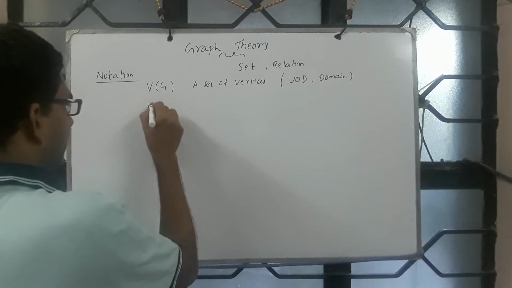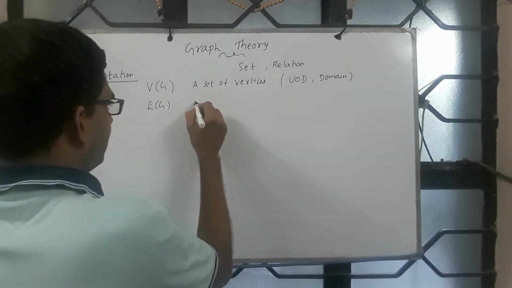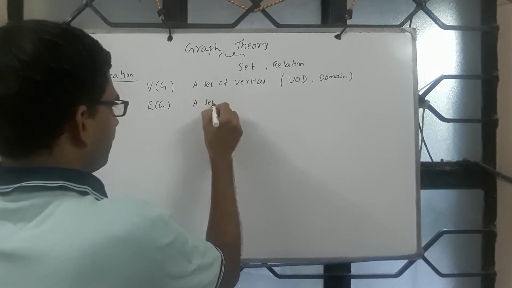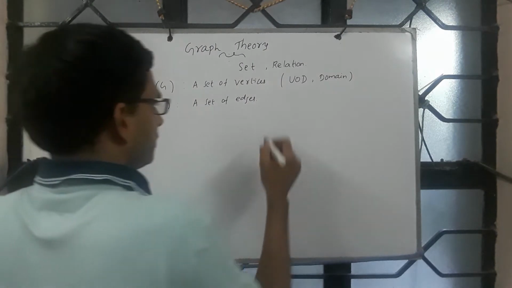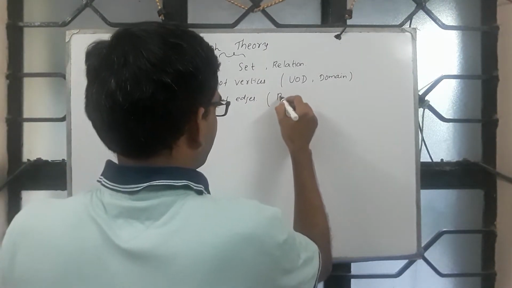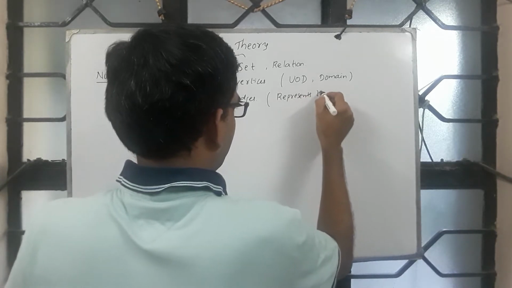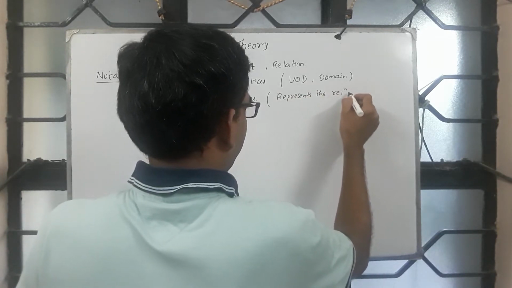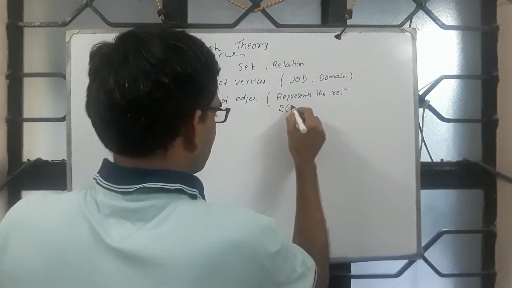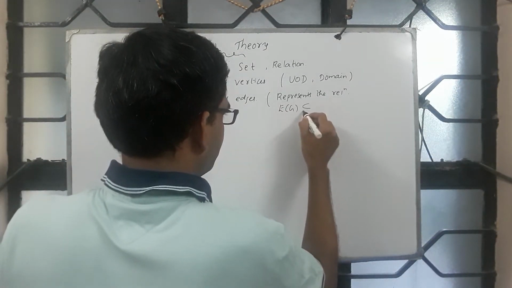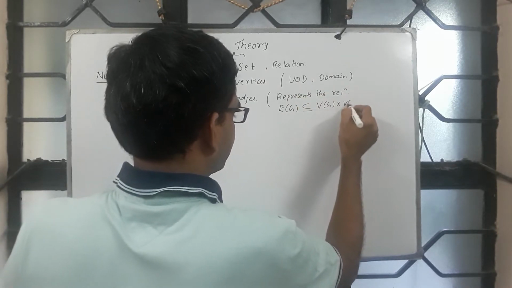Then we define something called E of G, which is a set of edges. So this represents the relation, which means E of G is a relation. It must be a subset of V of G cross V of G.